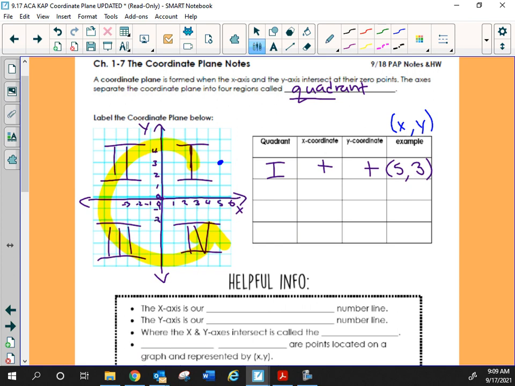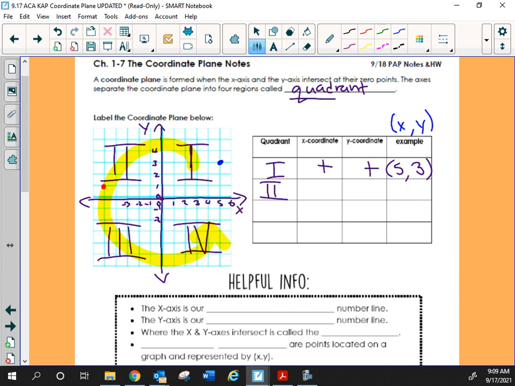Let's go into quadrant number 2. Over here, I'm just going to grab a random point. Let's do this one. Again, we always start at the origin, and I go left and right first. So I go backwards. Since I'm going backwards on this number line, the number is going to be negative.